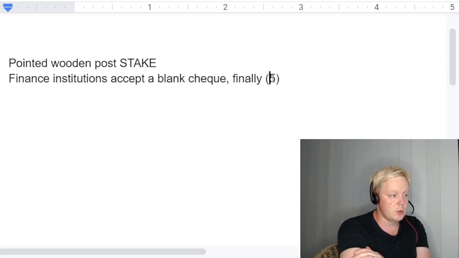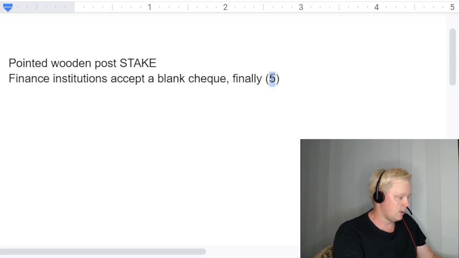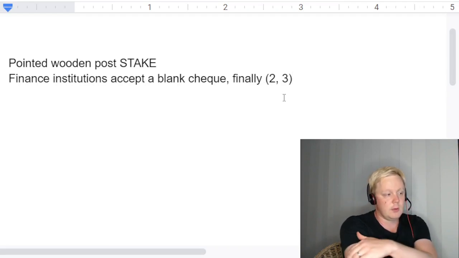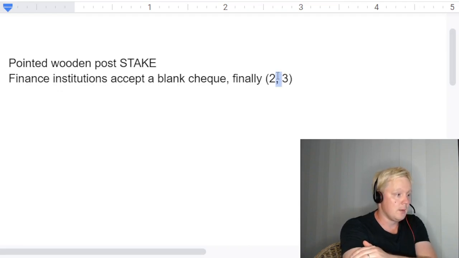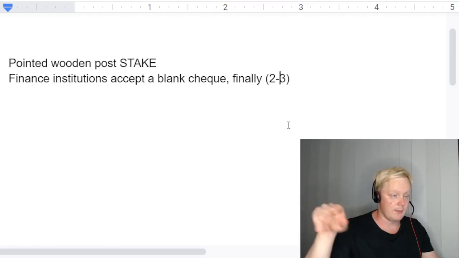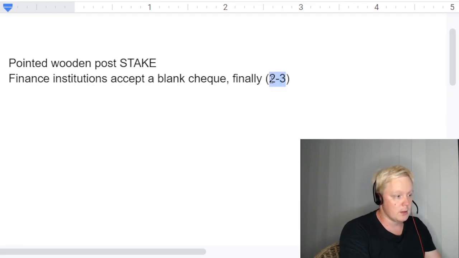If it was 2 words, it might be something like 2, 3, or with a comma, meaning that it's one word of 2 letters and then another word of 3 letters. You might also see punctuation, like if it's a hyphenated word, 2-3 might indicate it's 2 letters, then a hyphen, and then 3 letters. So the length and the punctuation of the answer is given there.